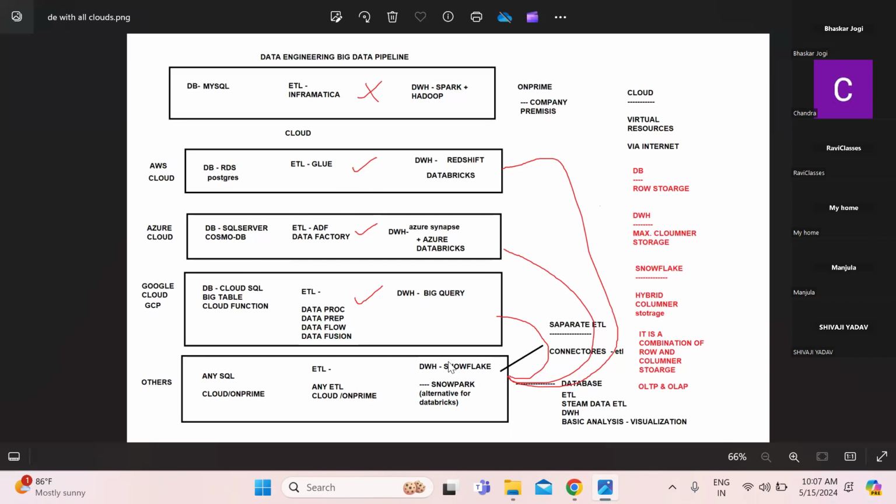That means complete Snowflake and the basics of GCP, Azure, and AWS. Mostly we are talking about services like database management, ETL management, and data warehouse management. If you cover those, that will be AWS data engineering, Azure data engineering, GCP data engineering. But where is Snowflake data engineering?